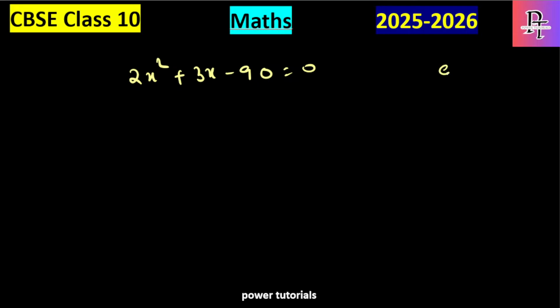So the method: write the a value, b value and c value, and take a into c. What is a into c? It is 2 into 90, which is 180.